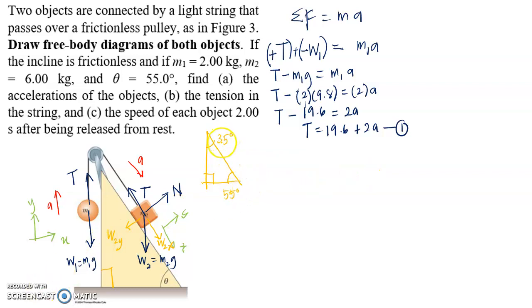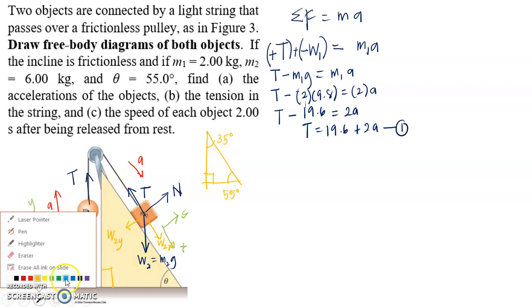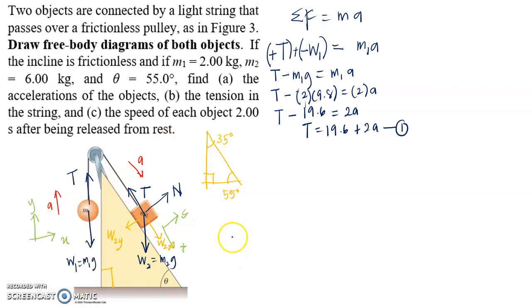The angle between the hypotenuse and the vertical side, which is 35 degrees, is going to be the same angle between W2x as well as W2. We can draw the vectors of the forces.